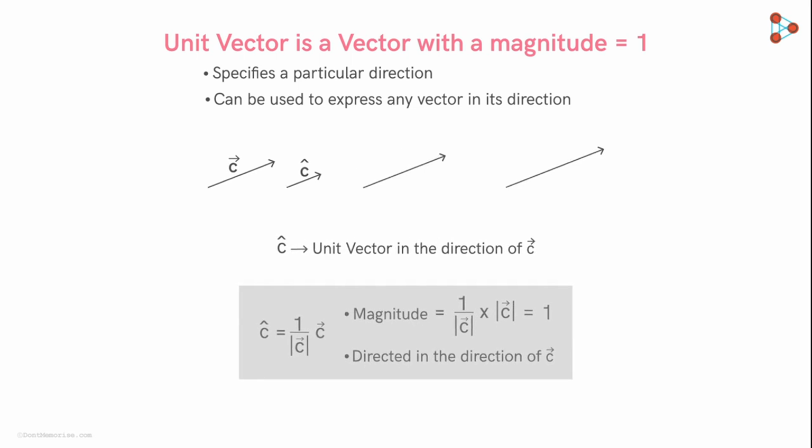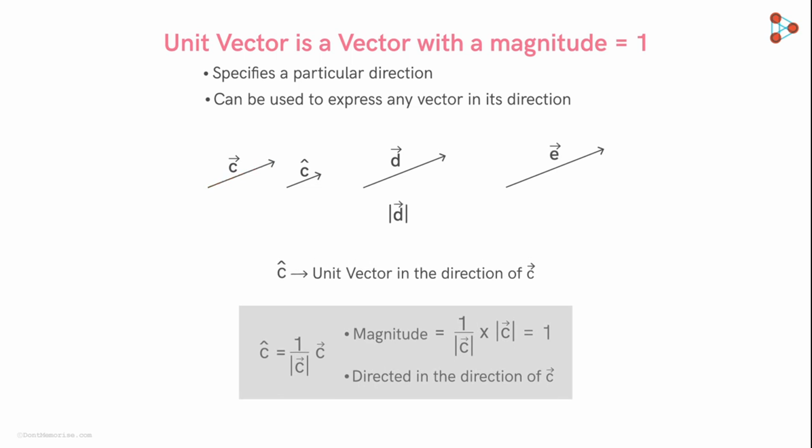Suppose we have these two vectors D and E directed in the same direction as that of vector C. Now consider the vector magnitude of vector D times the vector C hat. As the magnitude of vector C hat is 1, the magnitude of this vector will be equal to that of vector D. And since the vectors C hat and D are directed in the same direction, the vector D will be equal to this vector.